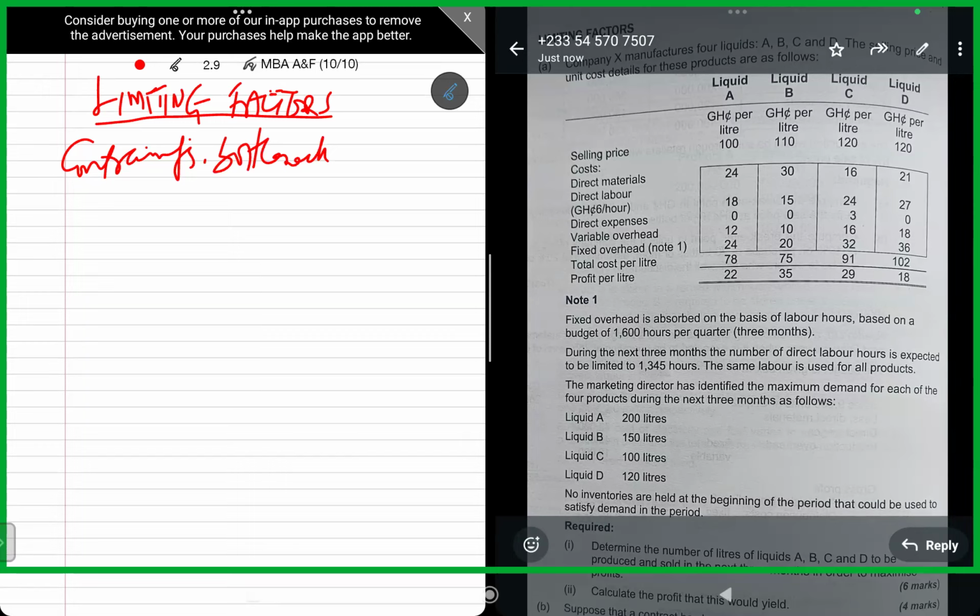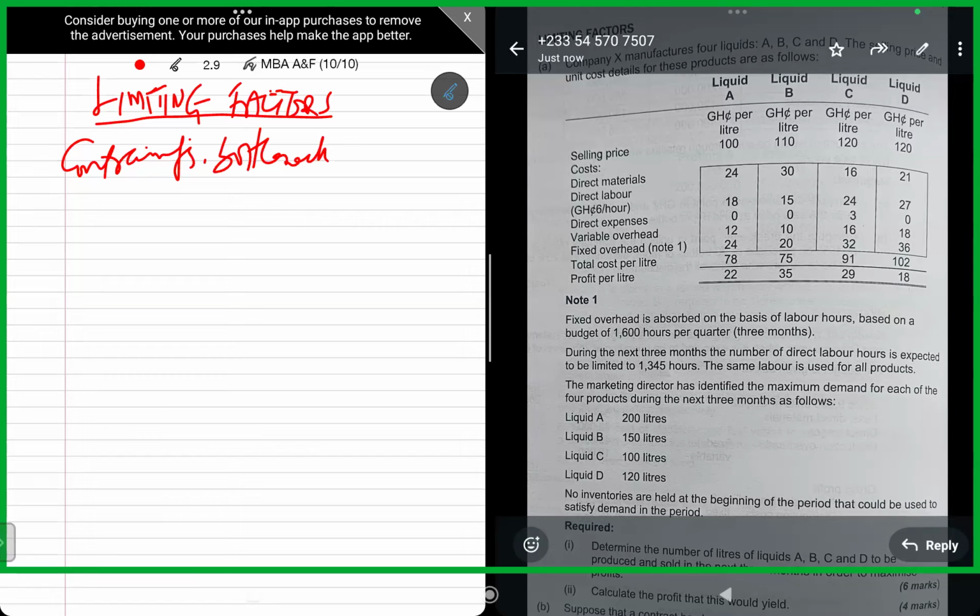Okay. So as we are about to solve the question, the first attempt is we would identify what the bottleneck or the limiting factor is. Now, the limiting factor is part of the items of production. Some may be limited. So it could be that materials are limited, so that's what you are going to apportion.